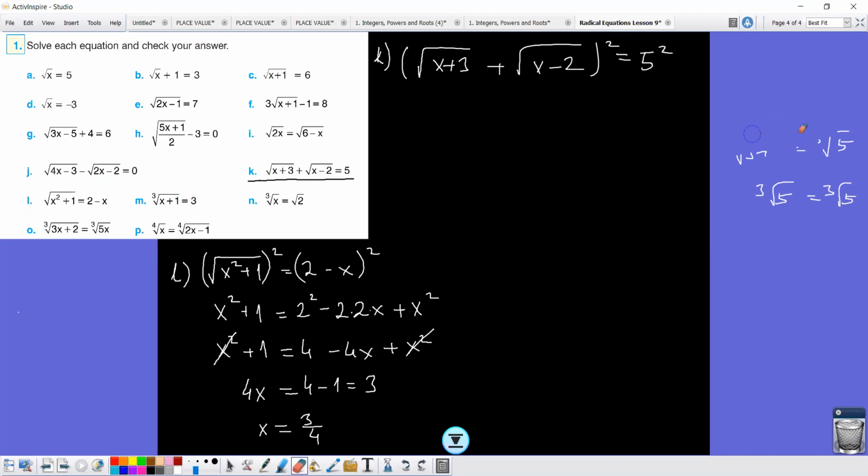So when you take the square of this left side, what will it be? How will it be?